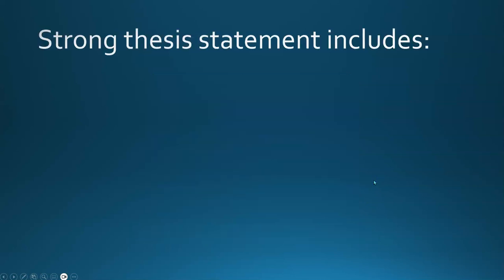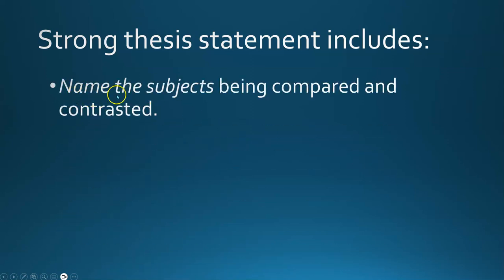A strong element for a thesis statement is to include the name of the subjects that are being compared and contrasted. So let's go back to the Android phone is better than the iPhone. So you name the subject.